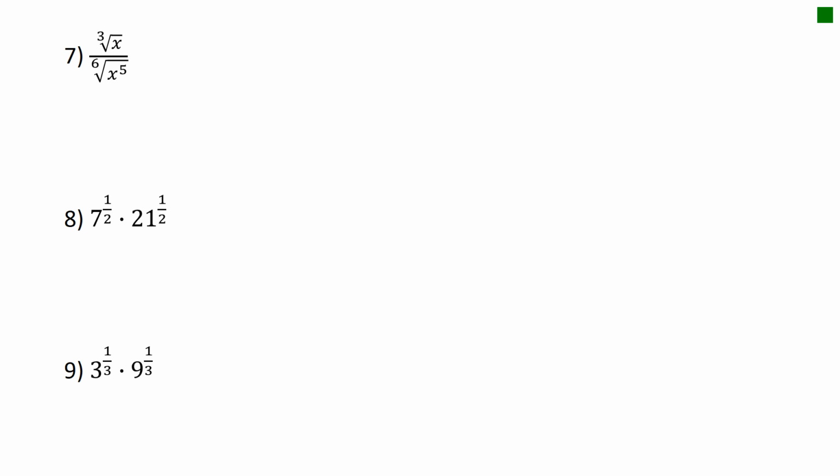So when we look at this one, we've got a lot of stuff going on here. I'm not going to deal with the radicals because I can't do anything with a cube root and a 6th root. So I'm going to change it to rationals. So I have x to the 1/3 over x to the 5/6 power. When I'm taking fractions with the same base, I subtract the exponents.